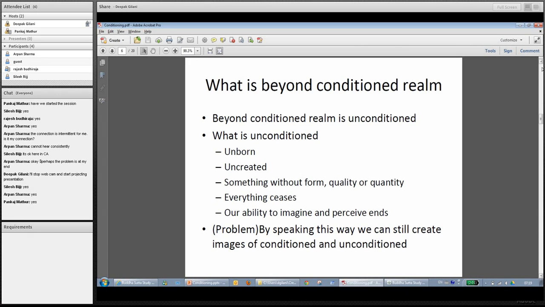But given this context between conditioned and unconditioned, there is still a way by which we can come out of our conditioned dream and go towards or become unconditioned. This is what Buddha also tries to point out, of how we can do that.